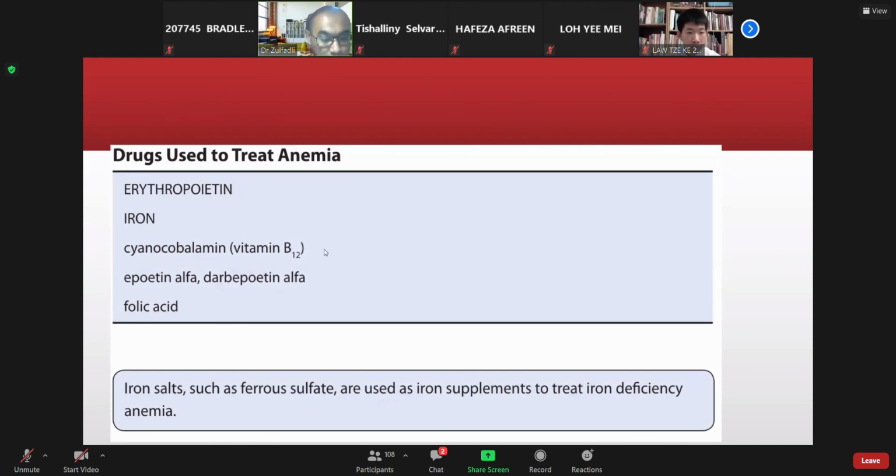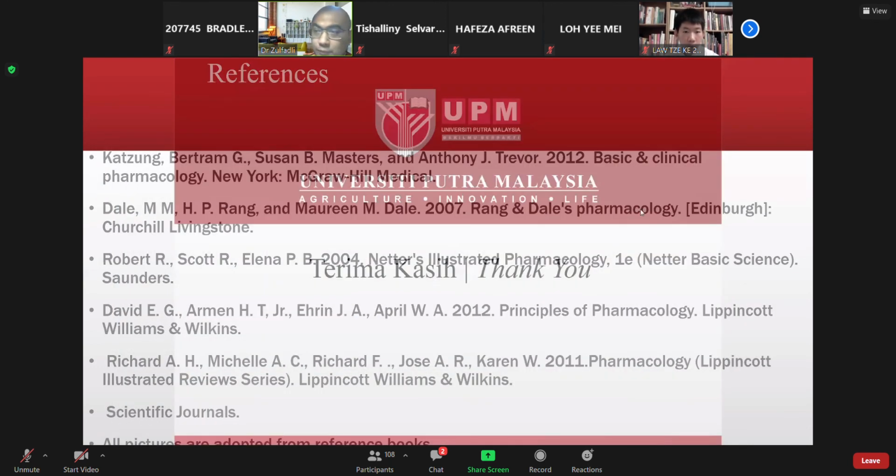This is another additional info for you. Drugs used to treat anemia include erythropoietin, iron, vitamin B12, epoetin alpha, which is a new drug, and also folic acid. Okay, that's all for me.